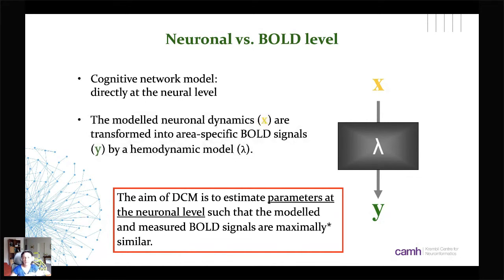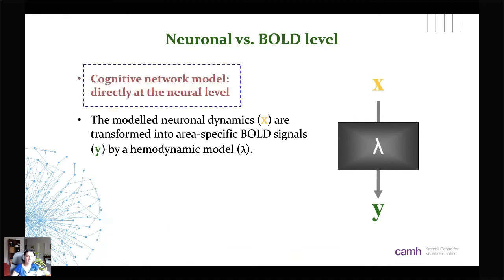Well, it does this by taking the modeled neuronal dynamics and transforming them into area or region-specific BOLD signals, via a hemodynamic model called Lambda. And we're going to go under the hood and try to figure out what Lambda is in order to give us a sense of the cognitive network connectivity at the neural level.